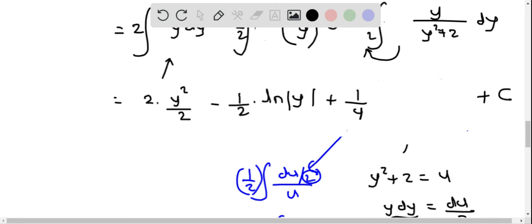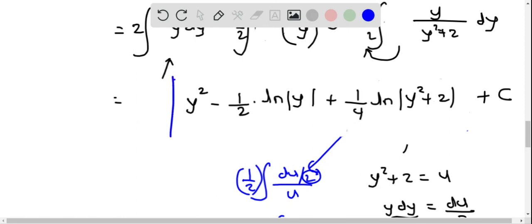This is 1/4 natural logarithm of the absolute value of y squared plus 2. We can simplify this one. We can cancel this 2 and this 2, so we don't need to write this. So this term is y squared only. This is y squared minus half times natural logarithm of y plus 1/4 times natural logarithm of y squared plus 2, plus the integral constant c. And so this is the answer to this question.